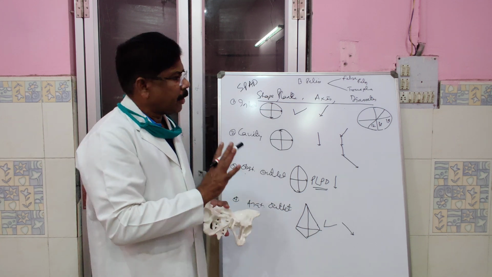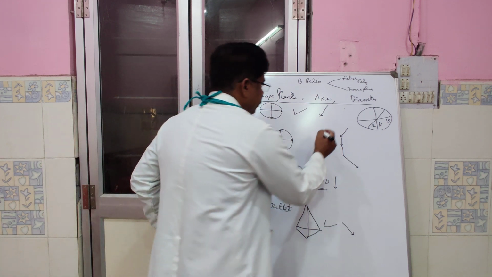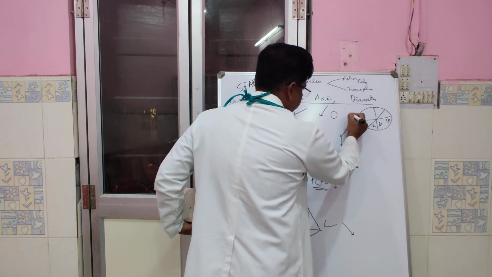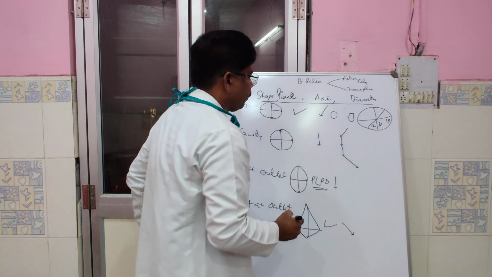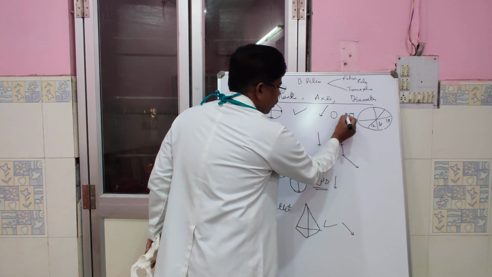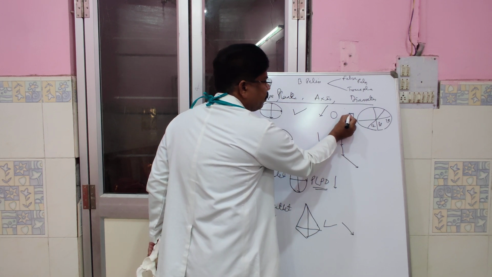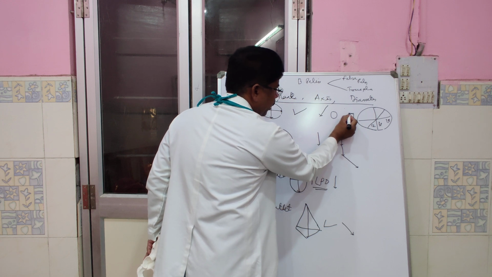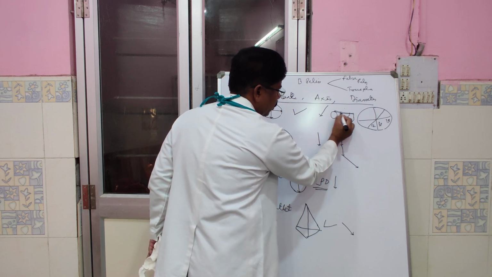And the anteroposterior diameter. There are three types of anteroposterior diameter. This is the sacral promontory, and this is the symphysis pubis. The true conjugate starts from the inner margin of the upper border of the symphysis pubis to the midpoint of the sacral promontory.